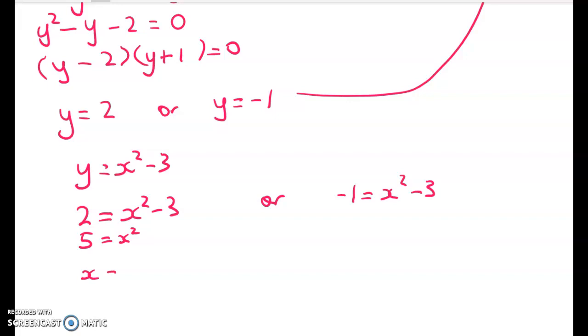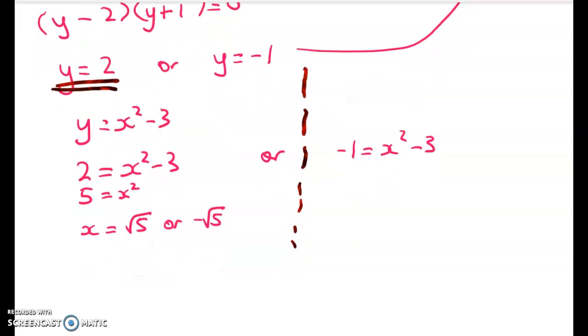So x is equal to either the square root of 5 or the negative of the square root of 5. So that's for the first case where we've got y is equal to 2. So the first two intersections are root 5, 2 and negative root 5, 2.